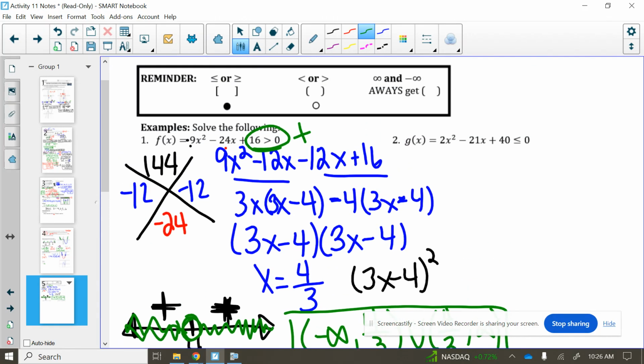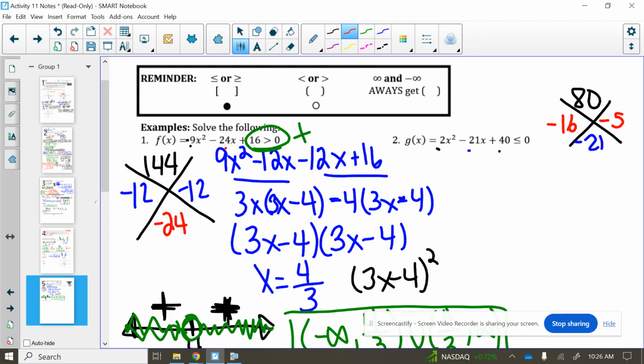All right, the next one, we have to factor again in order to find our zeros. So this time when we factor, we are looking at, okay, what multiplies to be a times c, aka 80, adds to be our middle term here of negative 21. This time that's going to be negative 16 and negative 5.